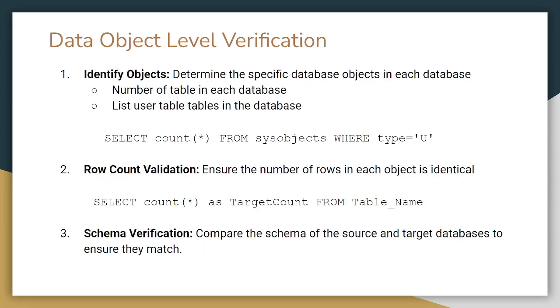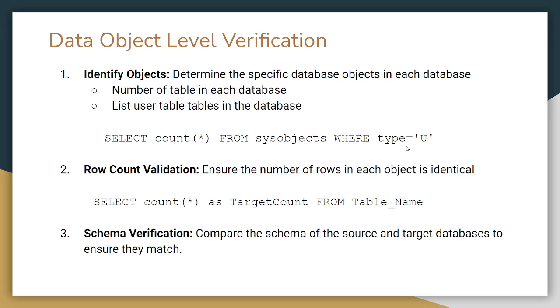Now next, once you understand the database tables, how will you form your queries to verify the database objects? Let's say, as soon as you connect to the database, you will find the list of tables. So how will you fetch them? You can write queries like select count star from sys objects where type is equal to U. U is the users table.